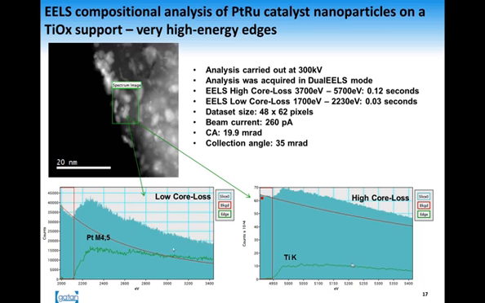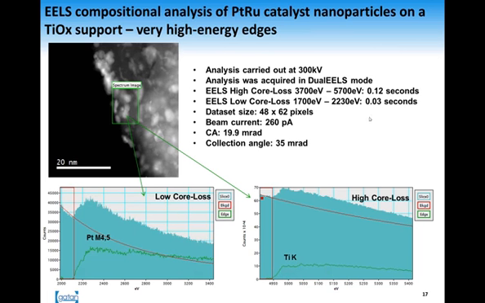This is another example, a more fancy example, where from the same material we acquired DualEELS data, from the low to high core loss acquisitions. The one at low energy starts from 2000 eV, and we are acquiring the platinum at 2100 eV, and the acquisition at high energy collects the titanium K edge at 4900 eV.